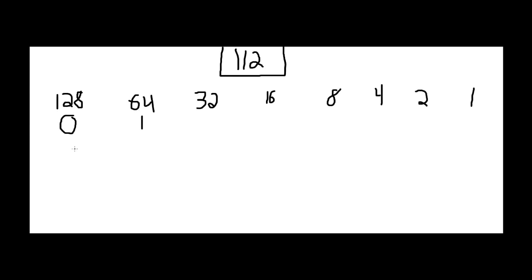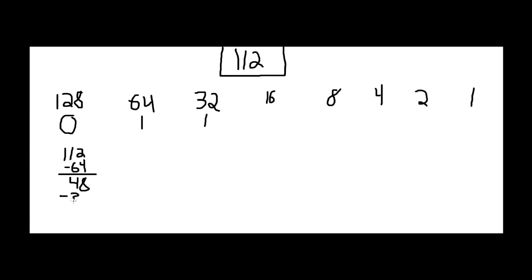And then you take 112. You can put this really anywhere. This is just some math. You put 64 under it, and you subtract it, which is 48. Now this is basically your new base number, at least for now. Then you see if your next number is equal to or less than 48. This is a 32, and 32 is less than 48, so it gets a 1.